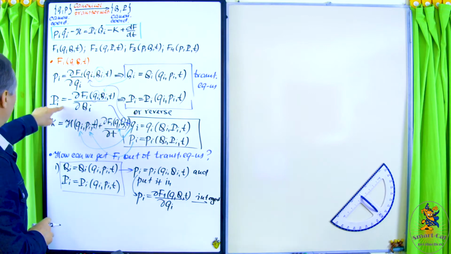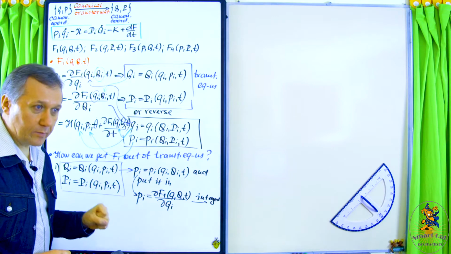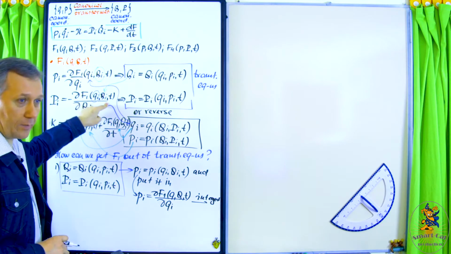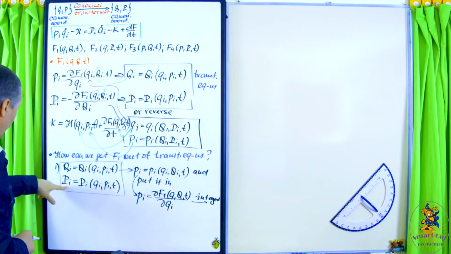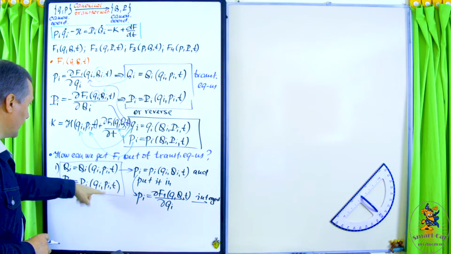But of course, we still have the second equation. With the second equation we have to do a similar manipulation. We need to write P capital in terms of q small and Q capital. So how can we get P capital? Here we have P capital. We need to get rid of this p small.